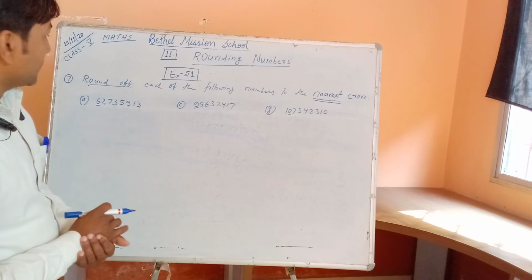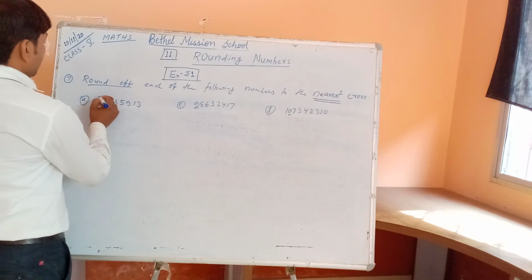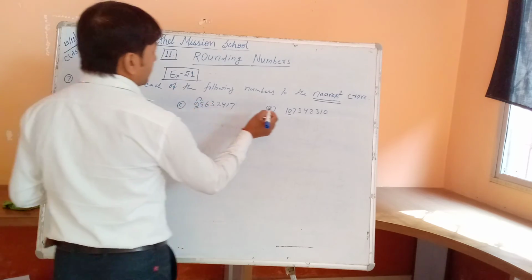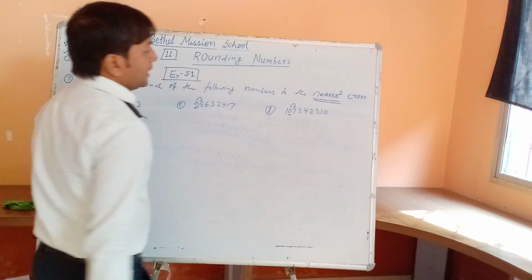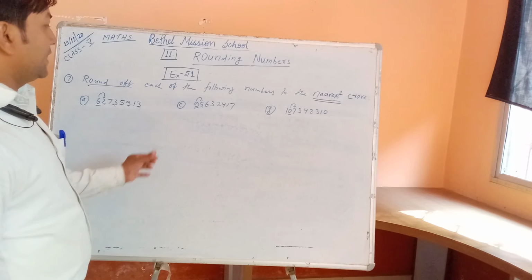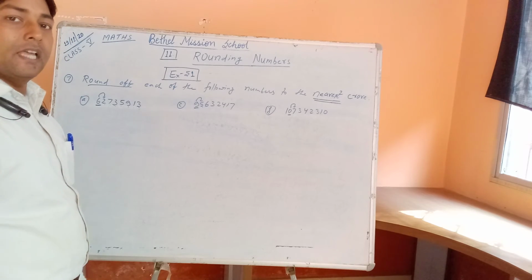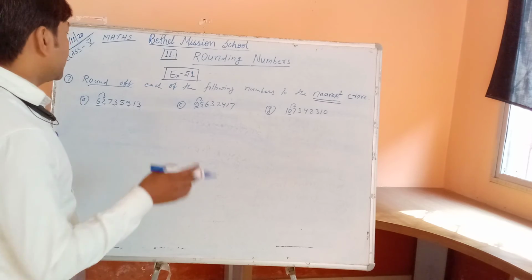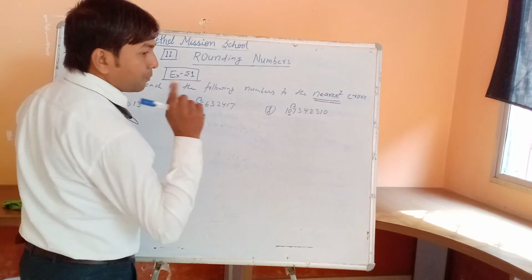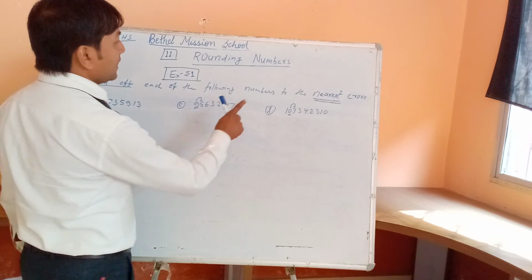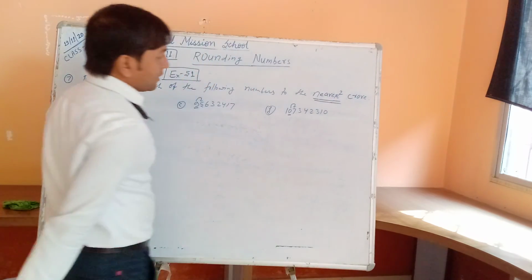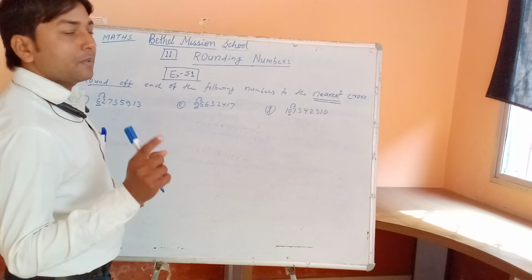Now I said that you have to look at the place before the crore place. If the digit is 5 or more than 5, like 5, 6, 7, 8, then we add plus 1 in the given place. Okay, crore. So in crore we add plus 1.